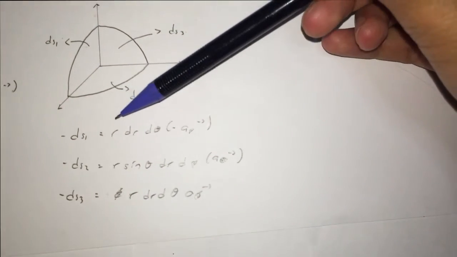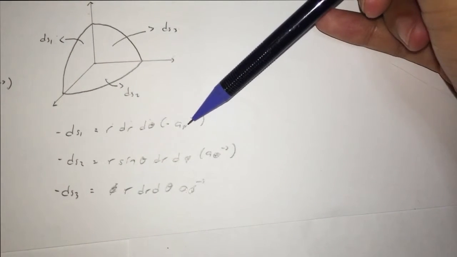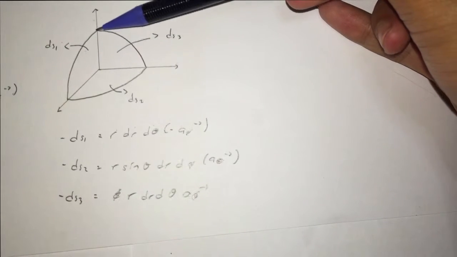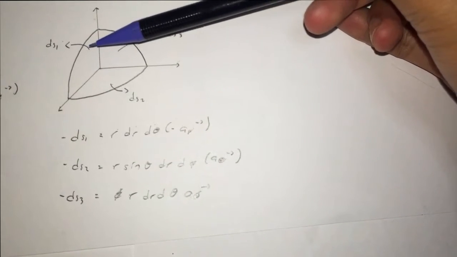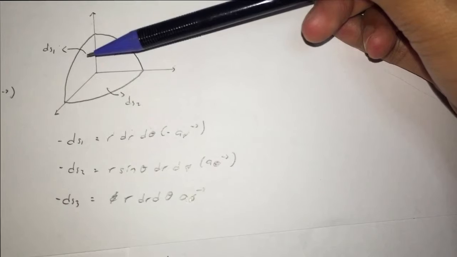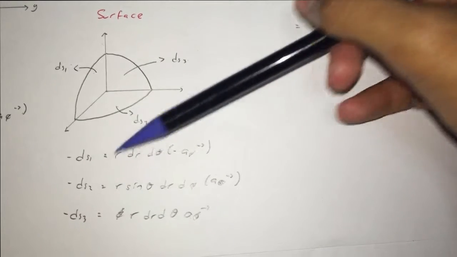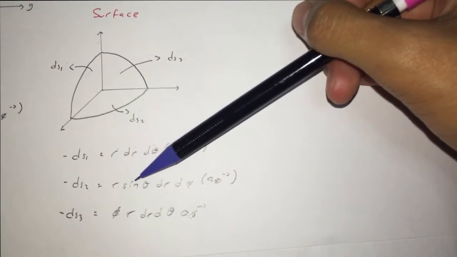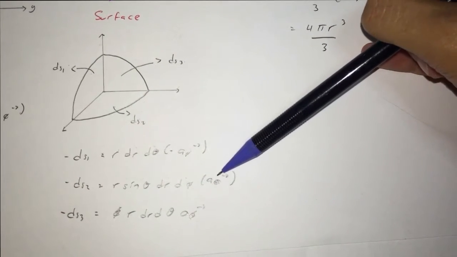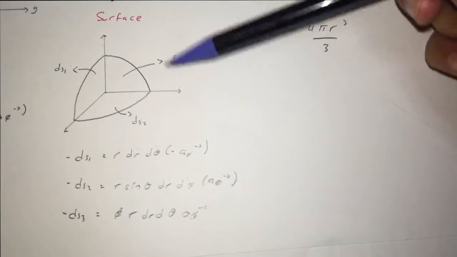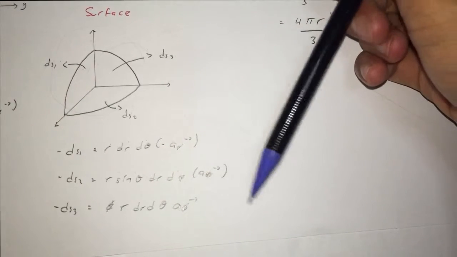Okay, for the S1, we will get r dr d theta times negative a phi because negative is on the left. For surface 2, we will get r sin theta dr d phi a theta. We got a theta because it is on theta path, that's round, so we will use dr and d phi.